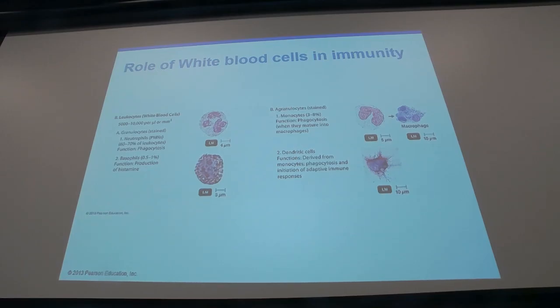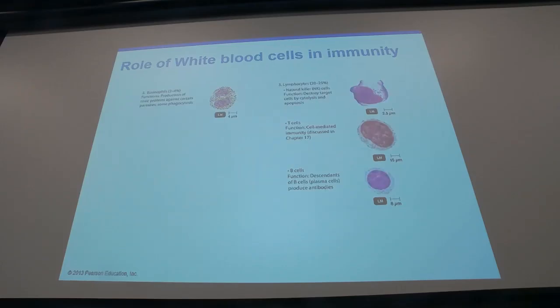Now then, the next abundant type of leukocyte is going to be eosinophils. Eosinophils make between 2 to 4% of the leukocytes. These ones are characterized by having a lot of granules in their cytoplasm, as you can see here.